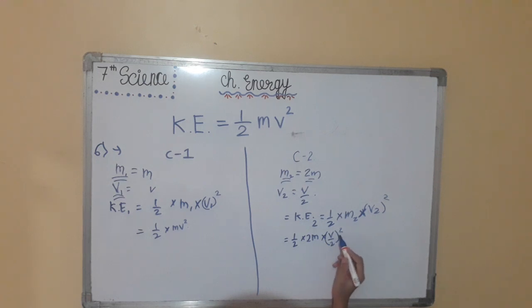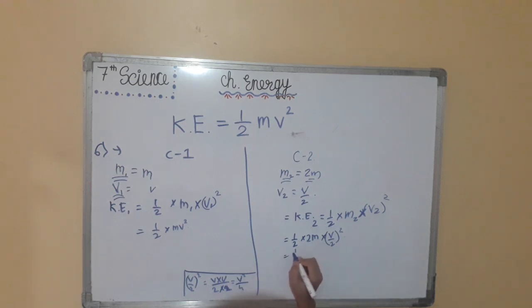Rough work: v upon 2 square will be v into v upon 2 into 2, so v square upon 4. So half into 2m into v square upon 4.